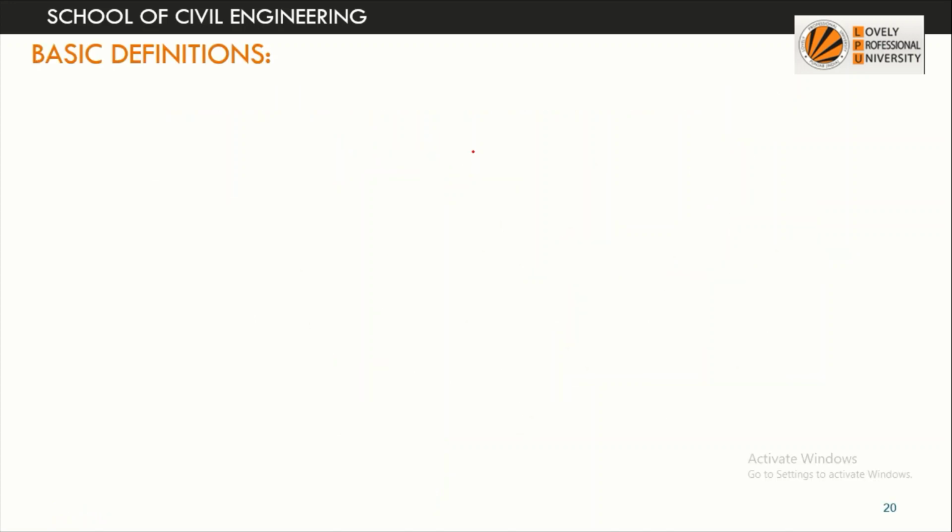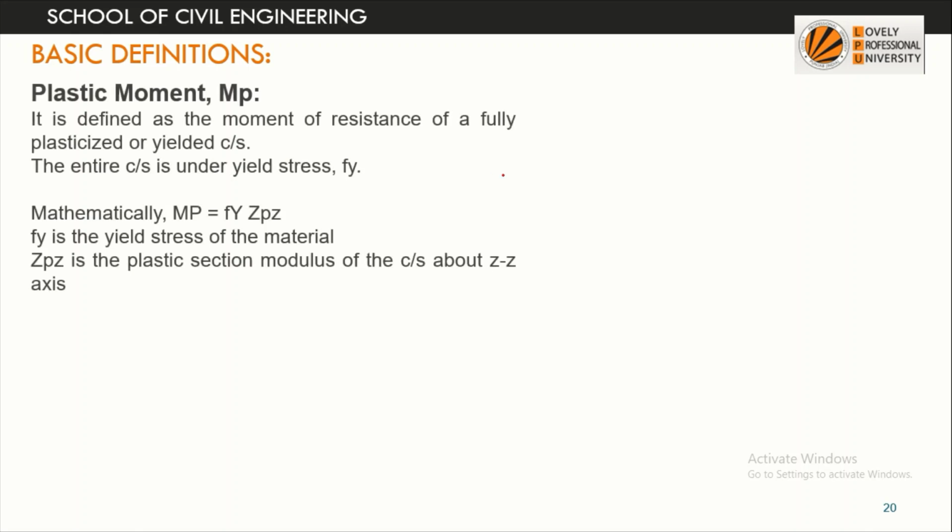So it is the right time to see some of the definitions that are used in plastic analysis and design. The first definition is plastic moment. We have heard this term plastic moment, and it corresponds to the moment Mp. So what is plastic moment? Plastic moment is defined as the moment of resistance of a fully plastified section or a yielded cross section.